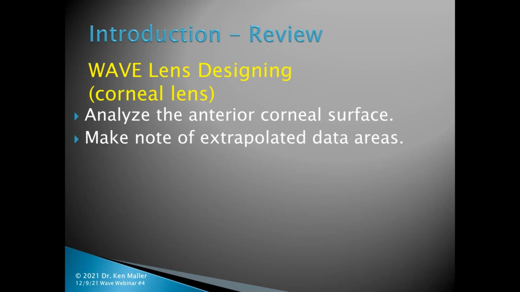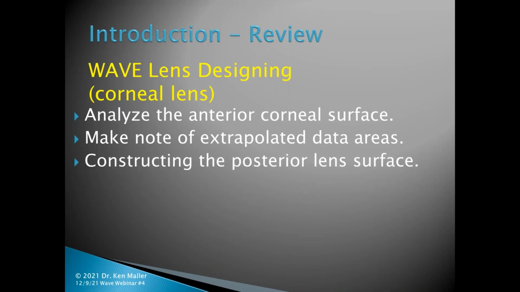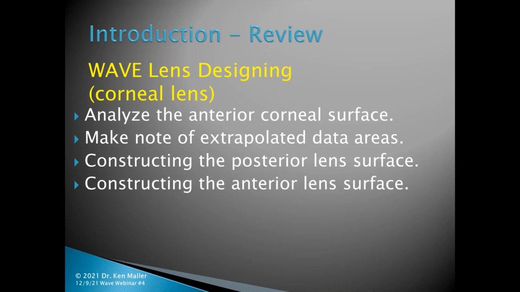We then take note of which areas we have extrapolated data, because that's made up data and not really measured data, and that can influence some of our decision-making process when designing the lens. Then constructing the posterior lens surface, then constructing the anterior lens surface, and then calculating any residual cylinder that might be present as a result of putting a rigid lens on that particular cornea.